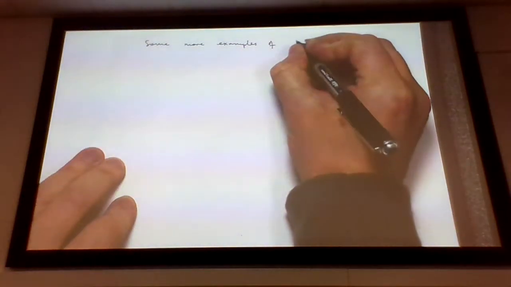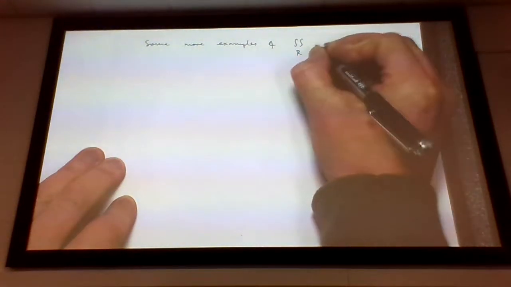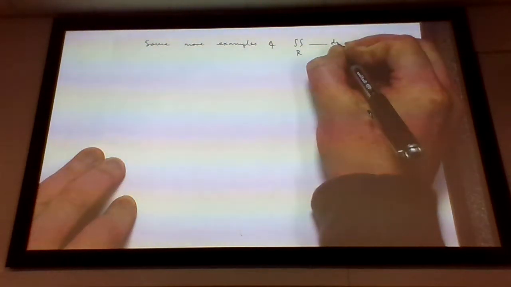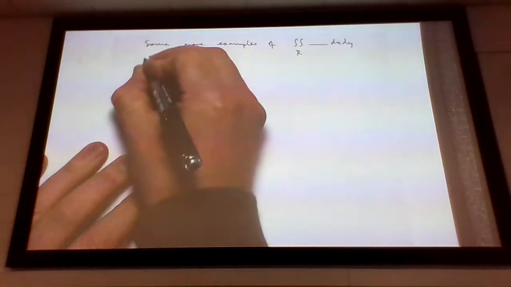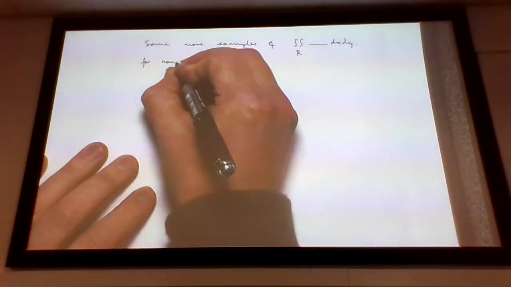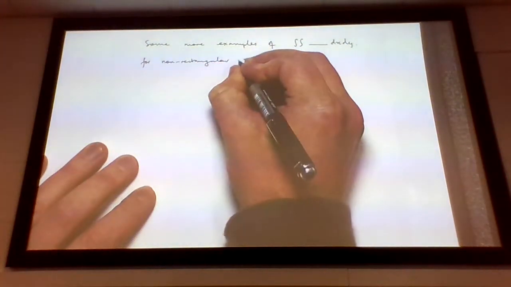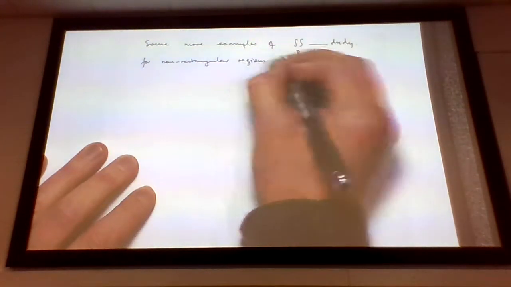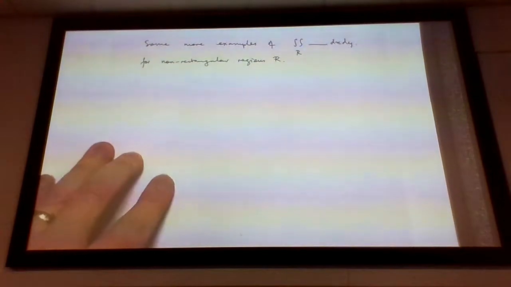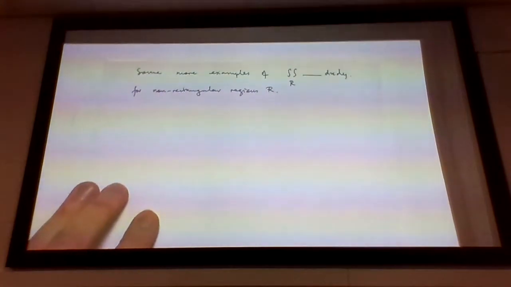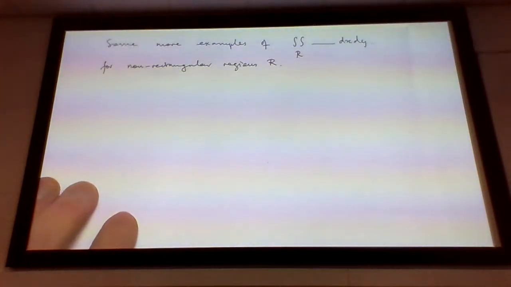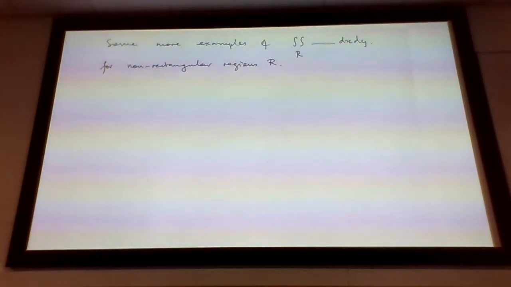So these are some more examples of doing double integrals for non-rectangular regions. It's an important skill. You'll notice that it's something that's come up on lots of the past exam papers, and it gets assessed on.